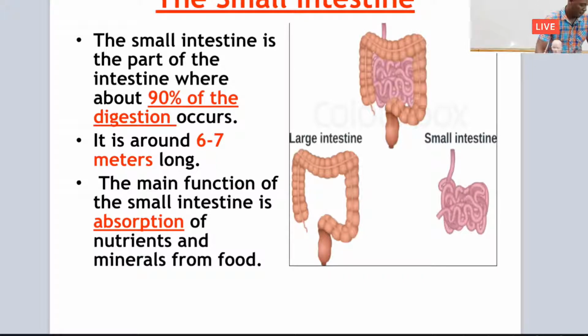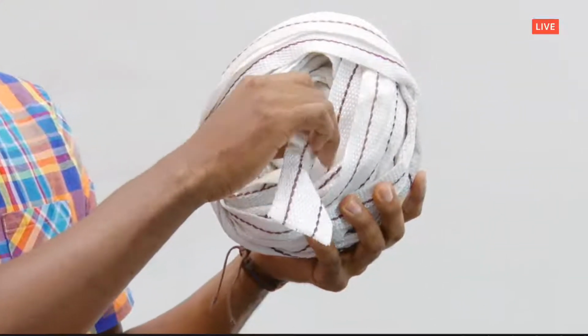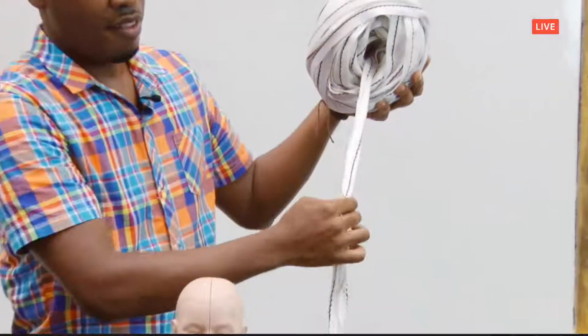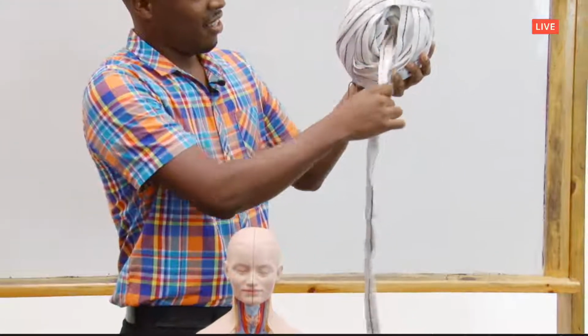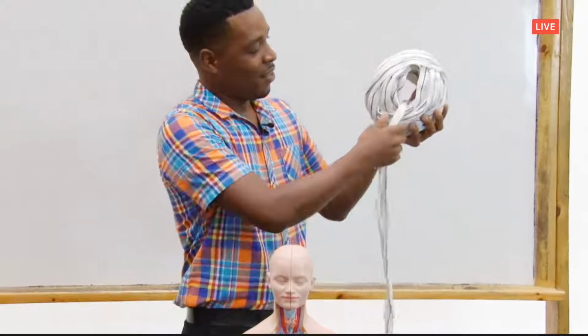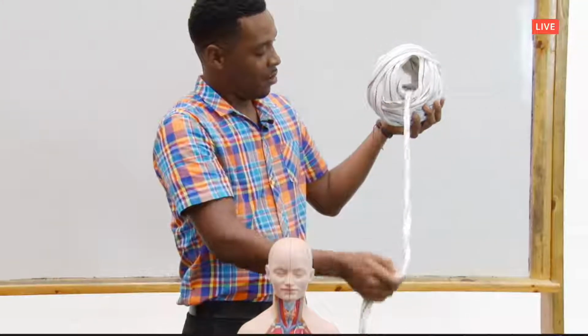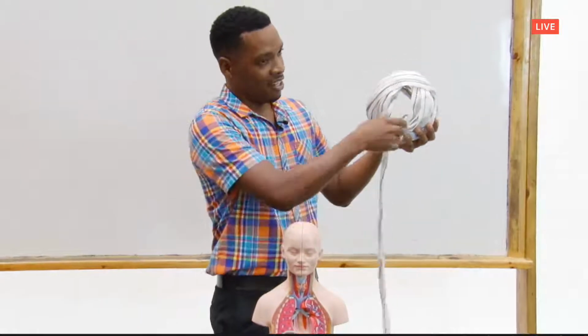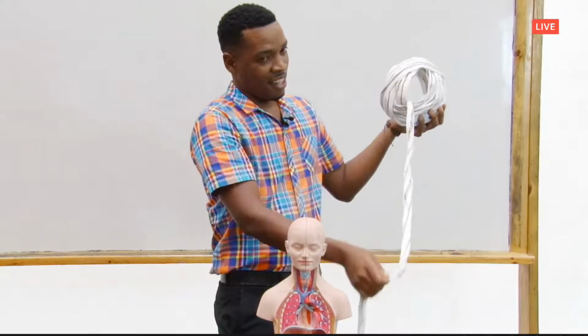Now I'm going to show you. Take a look at this, I want you to look at it very carefully. It says it's about 6 to 7 meters long. So you're going to pull. For those persons who don't have any idea of what 6 to 7 meters is, just keep going and going.